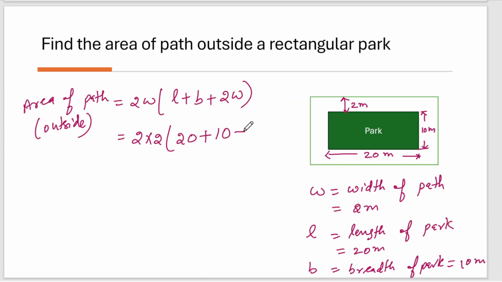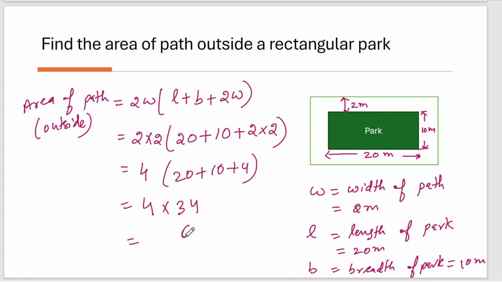B is 10, plus 2 into W, which is 2, so it is 4. 20 plus 10 plus 4. So it is 4 into 34. So 136 meter square is the area of the path. Okay.